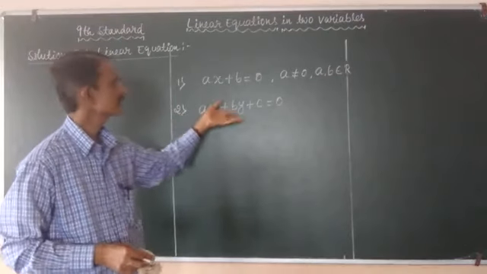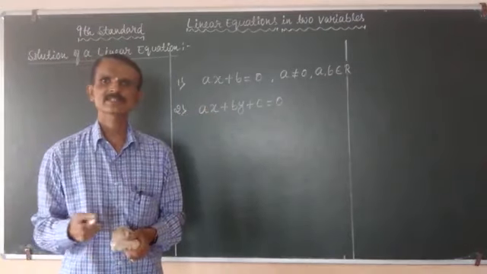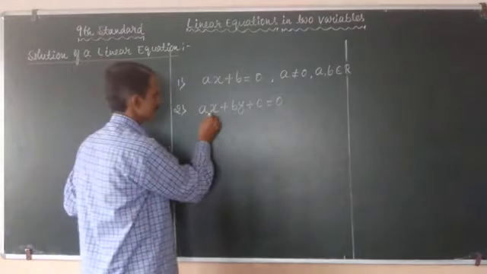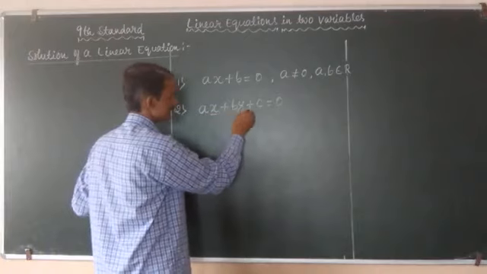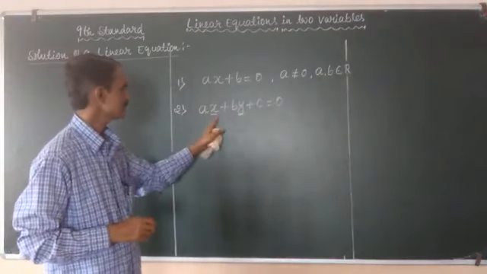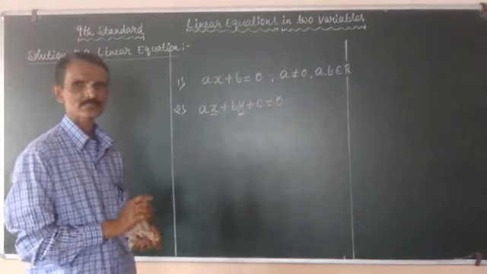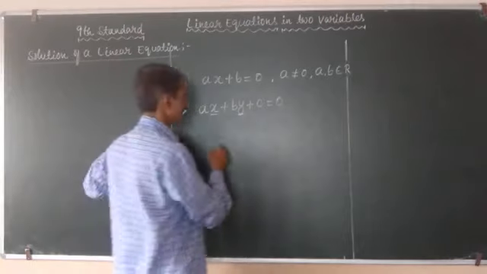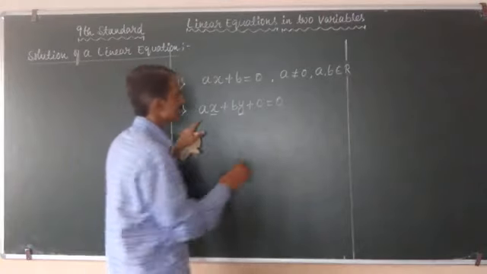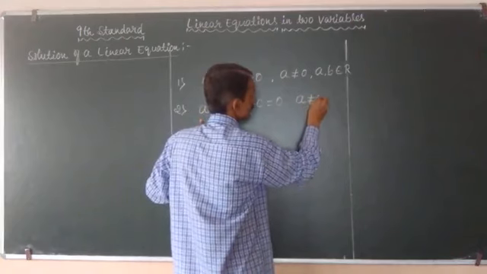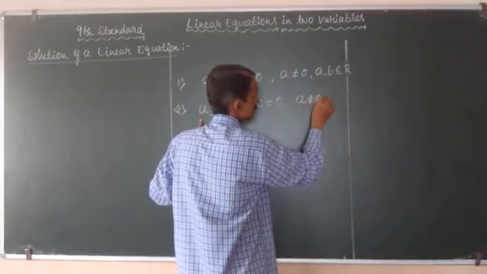This is the standard form of linear equations in two variables. Here the variables are x and y. They are different variables. Here also the condition is that a should not be equal to 0.